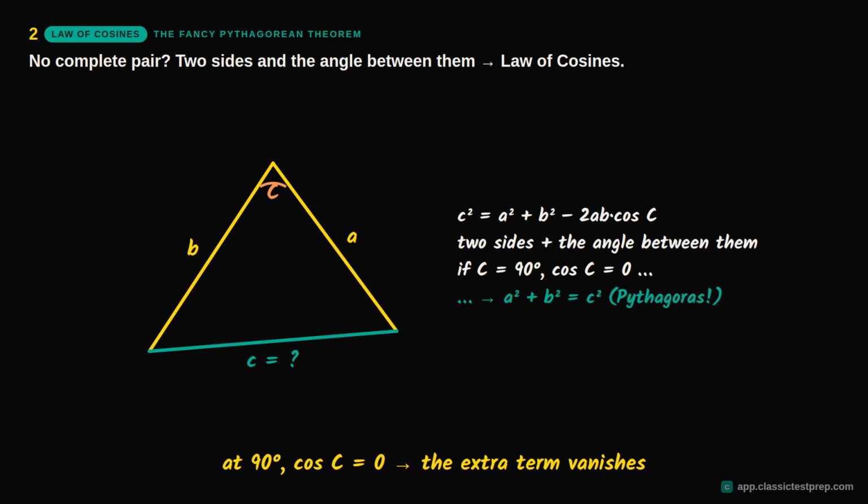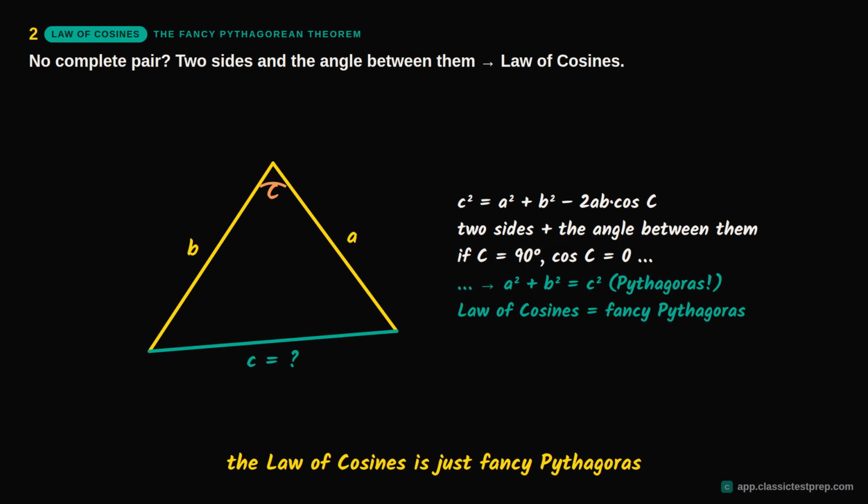And so this is the Pythagorean theorem, but it's just fancy because it's applied to a triangle that isn't a right triangle. Hang on, that's confusing. The law of cosines is just the fancy Pythagorean theorem? Yep, that's correct. C squared equals A squared plus B squared minus 2AB times cosine of C.